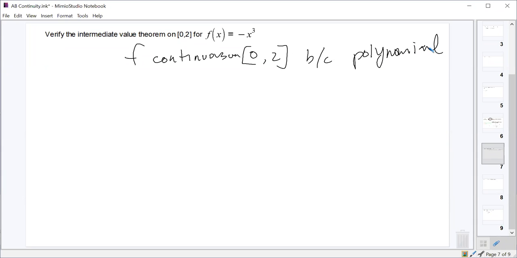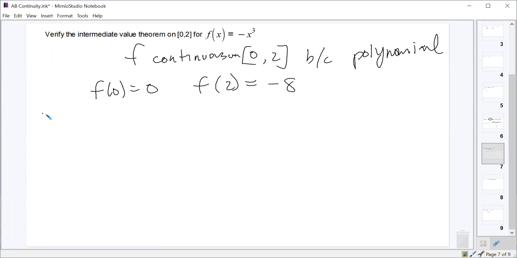What's the next thing we should probably do? Plug in 0 and 2. What's f of 0? 0. And what's f of 2? -8. Perfect.